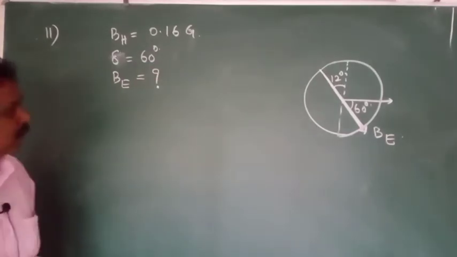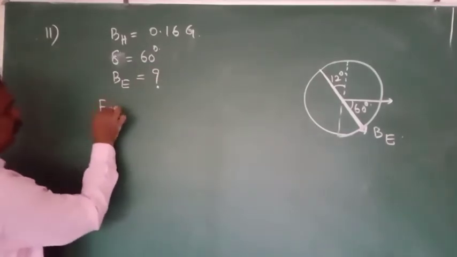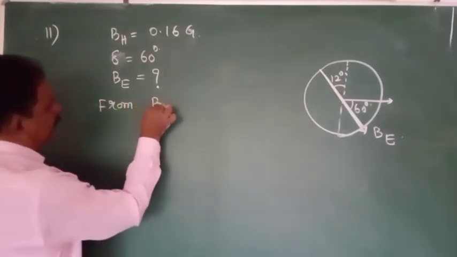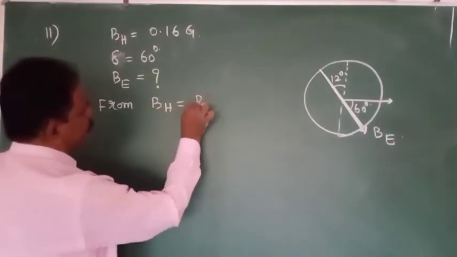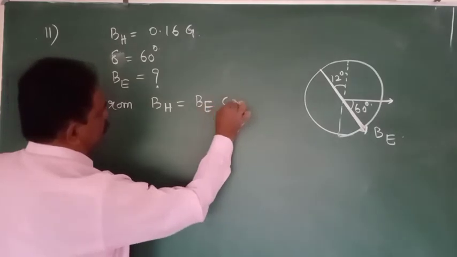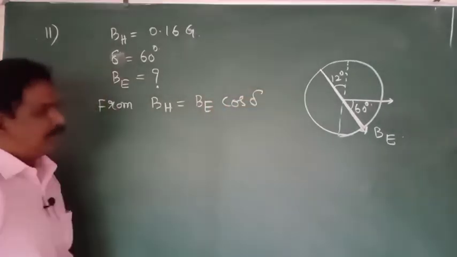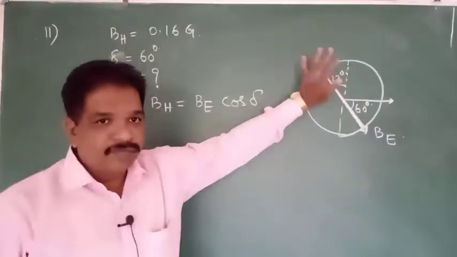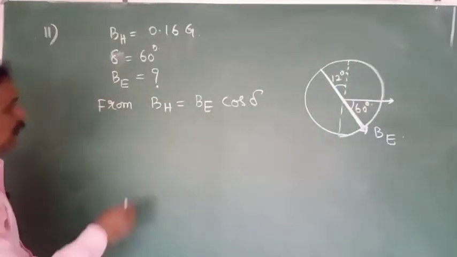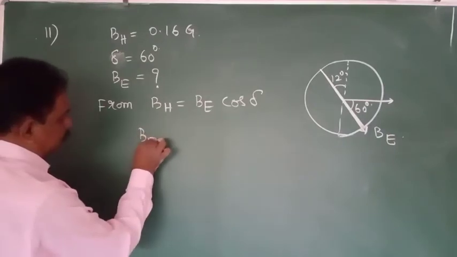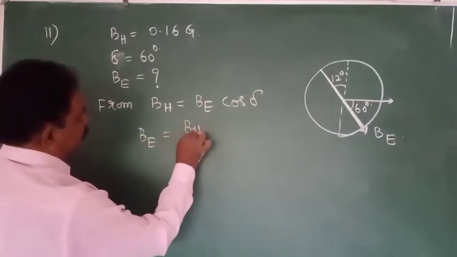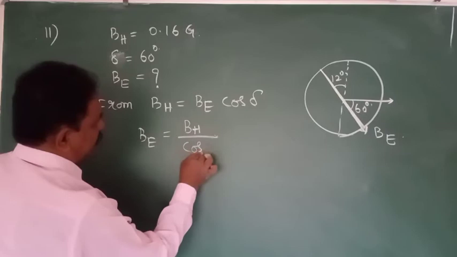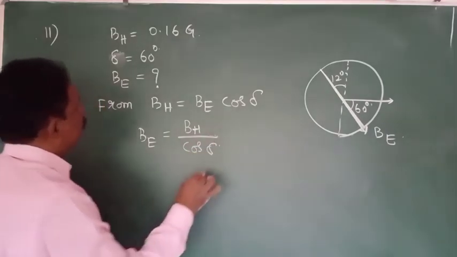BE value is how much? Okay. So, what is the formula? BH is equal to BE cos delta. This 12 degrees, no need to use. Okay. Then BE is equal to BH by cos delta.